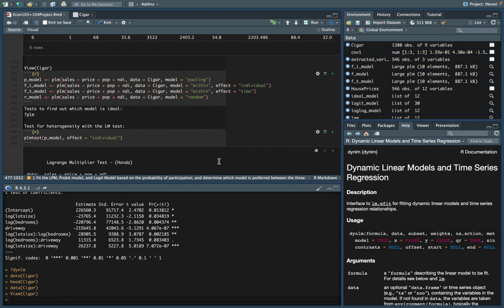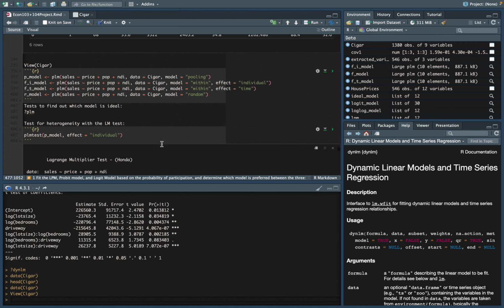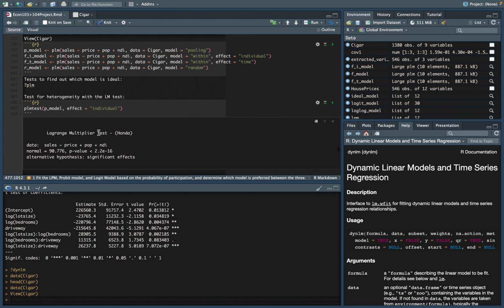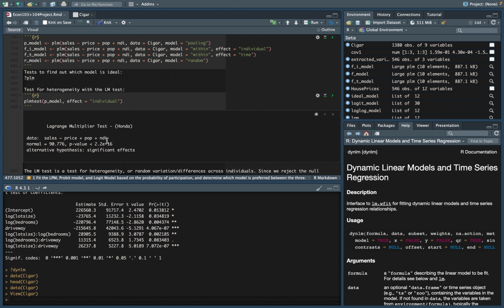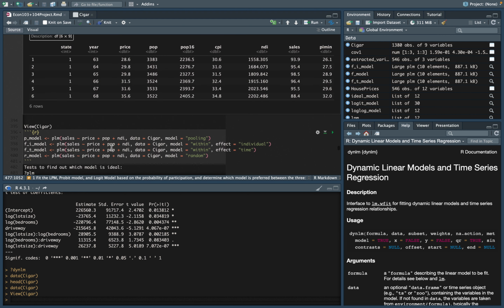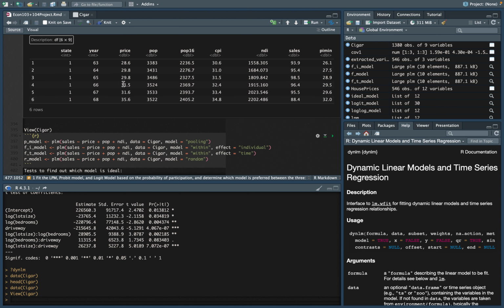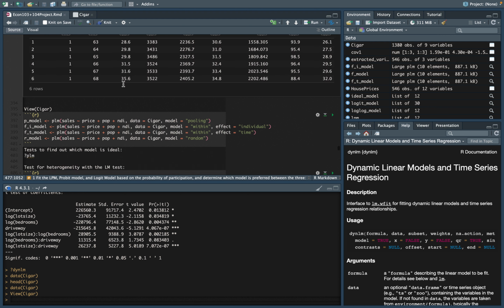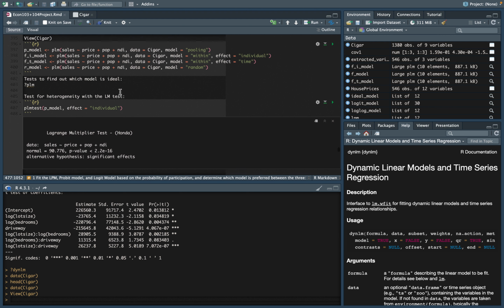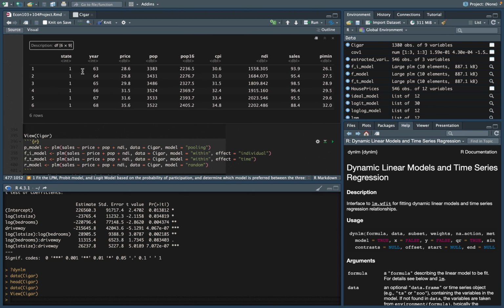All right. So first, we're gonna test for heterogeneity with the pooled effect model, which is rejected because intuitively we know that either by time or individual, and in this case we tested by individual, that population and price are going to be different across states.